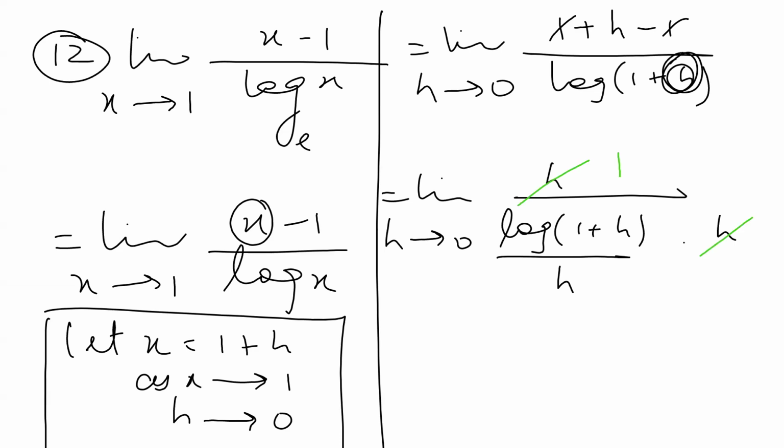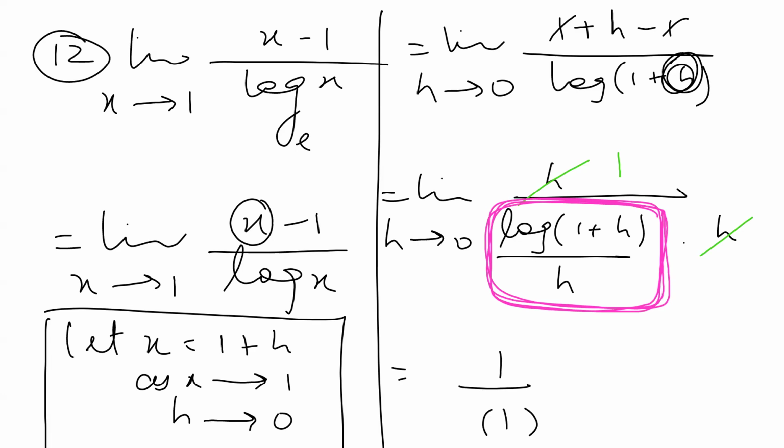We are left with 1. What is this part? Log x, 1. That's 1. The formula is 1. So question number 12 and question number 20, sub question 2 are covered up.